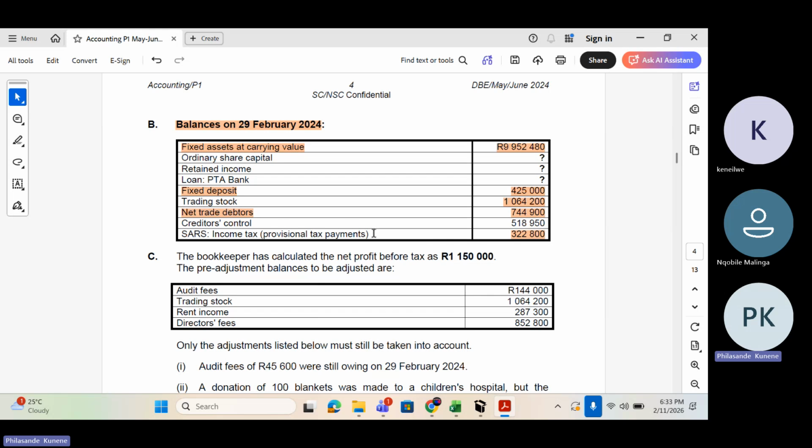Because if we talk about provisional payments, this is a debit balance, SARS is owing us at the moment. We don't know what else is going to happen. We need to check how much the tax would be for the current financial year so that we can decide. For now, I'll keep it here. I'm not going to record it anywhere, but I'll keep it here because it is a debit balance for now.